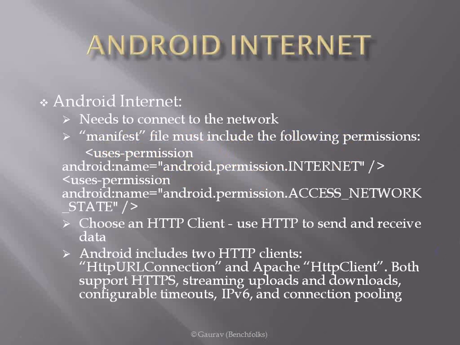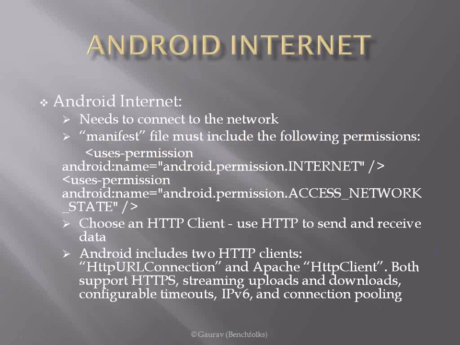In case of internet, we'll write INTERNET in all caps. If you want to create some external database or create an external file, at that time we have a permission with the name WRITE_EXTERNAL_STORAGE. All three words in capitals, with underscores separating them. So if there are multiple words, underscores separate them.